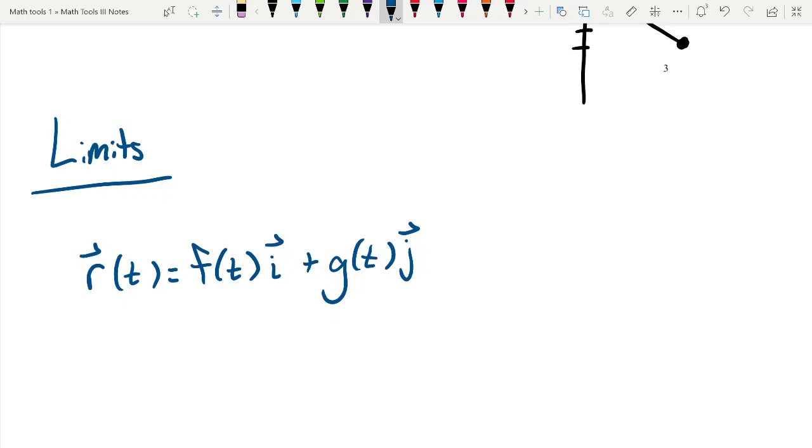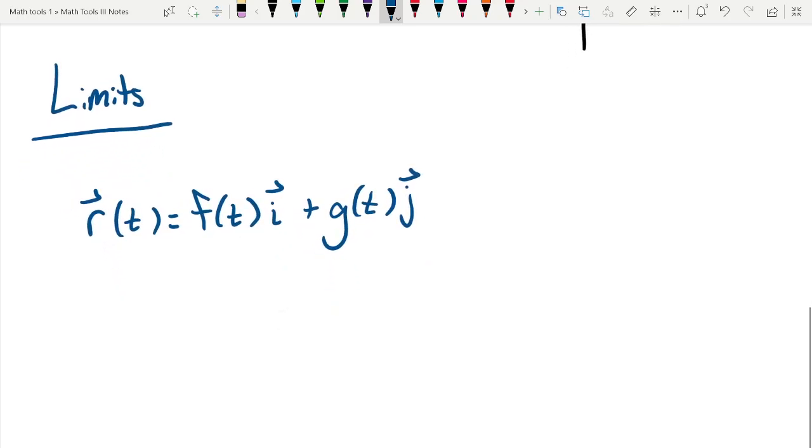It's the i hat and the j hat that are the vector parts of it. So when we go to do calculus with these, it's really just going to boil down to how we did the calculus before with the single variable functions, because the components themselves are single variable functions.